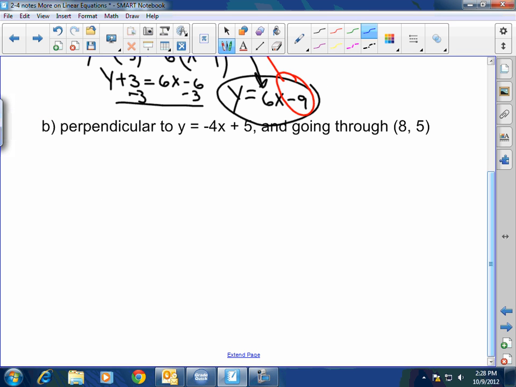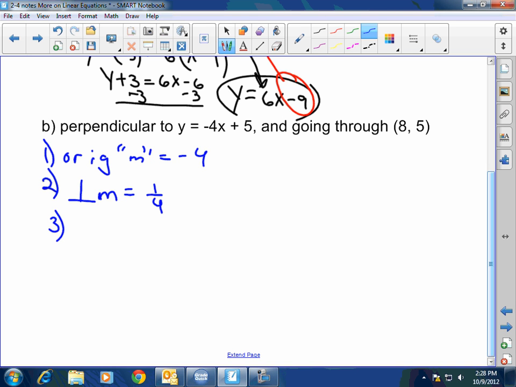Write an equation that is perpendicular to y equals negative 4x plus 5 and going through 8, 5. So, step 1, what's my original slope? The original slope is negative 4. What's the perpendicular slope now? The negative reciprocal. Multiply by negative 1 and flip it. Great job.